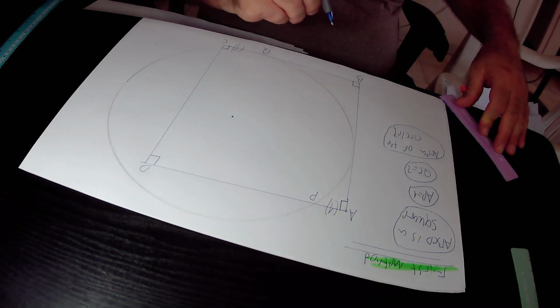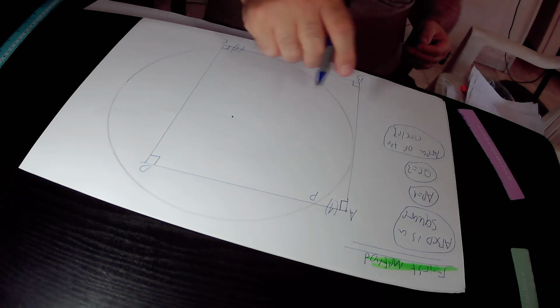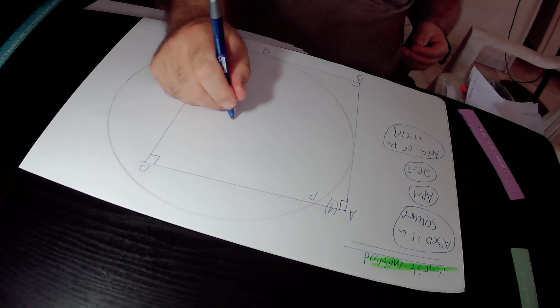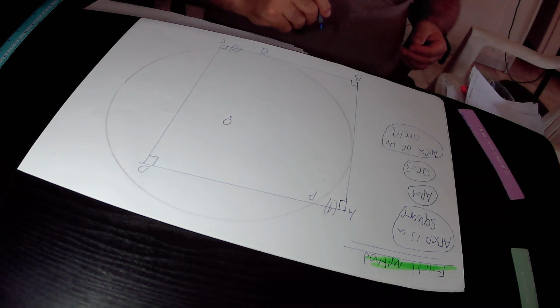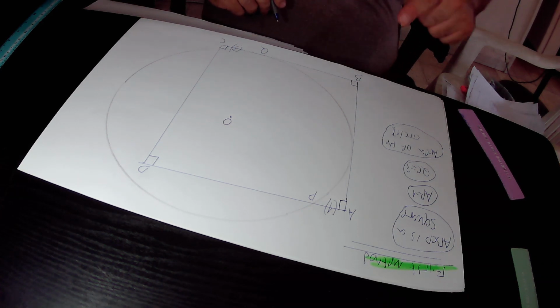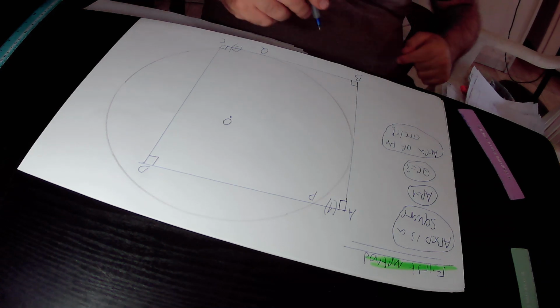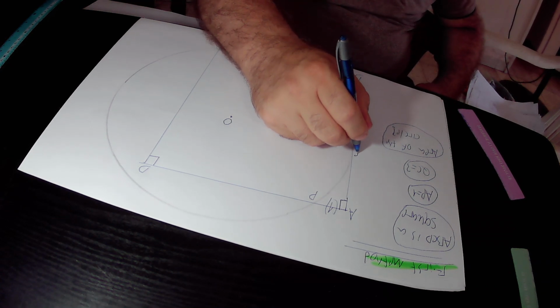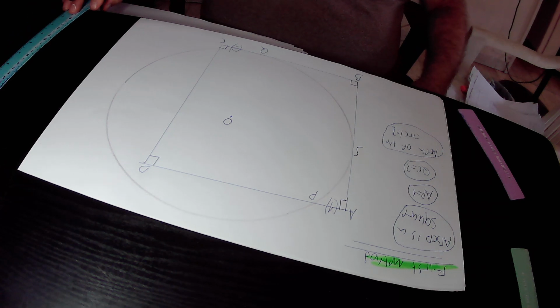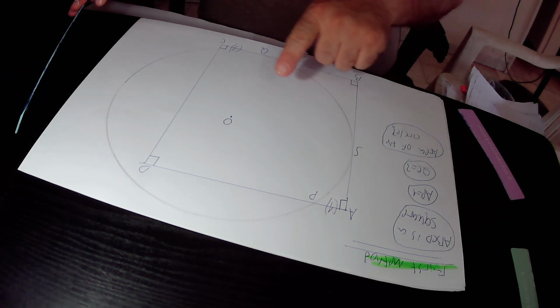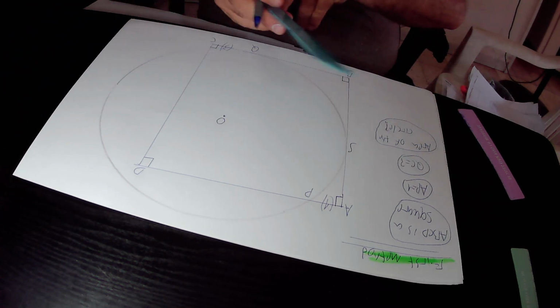In the next step, we will define the center of this circle. This point is point O. And we will define the point of tangency of tangent AB with this circle. This point is point S. In the next step, we will join points O and S together by a straight line.